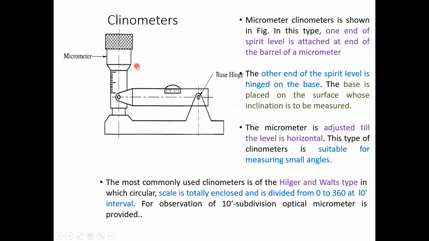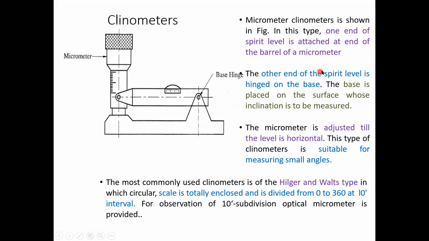Always keep the bubble position at zero. To do that, operate the micrometer using the thimble. By rotating the thimble, the barrel moves, and the rotating member moves to bring the bubble position back to zero. After getting the bubble position to zero, you take the reading on the micrometer.